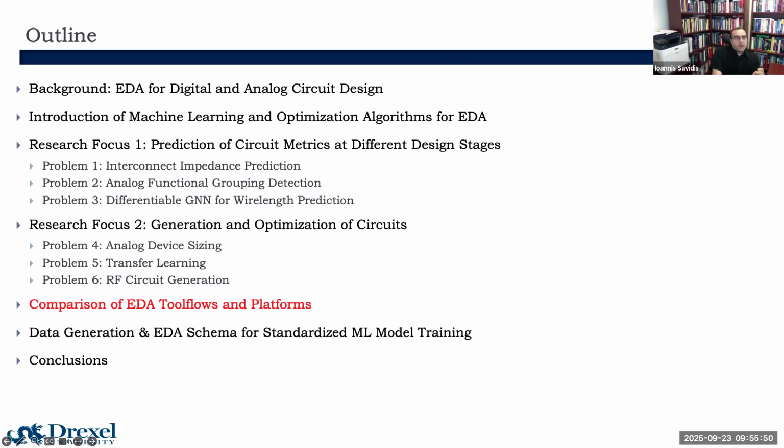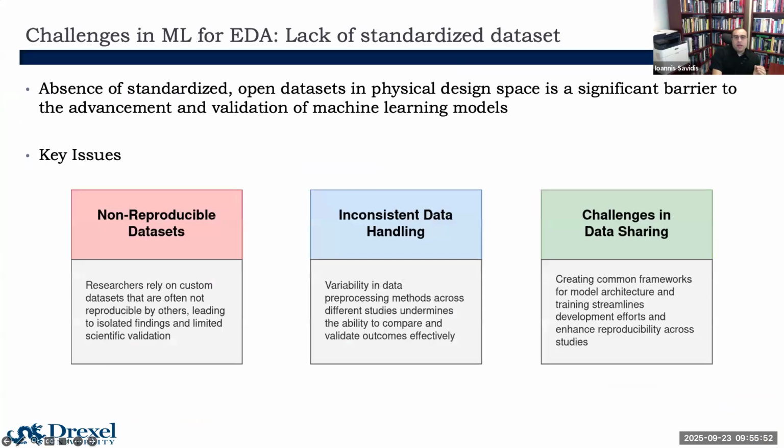I don't know if I have time, but the main thing that I wanted to say here is that there's obviously a big aspect of data sets and the lack of standardized data sets, more so in the analog space. And the big thing, of course, is that there's proprietary data, and EDA tools themselves are proprietary.